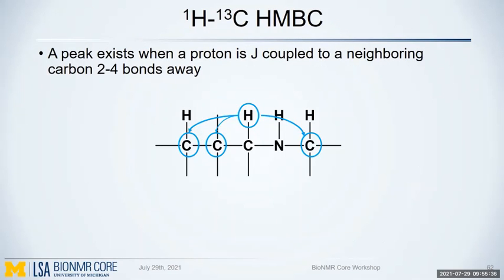Okay, so if you want to detect the long range coupling, you can then run another experiment called HMBC. Instead of one bond direct coupling, this one will show you couplings that are 2 to 3 bonds away. In this case, I will be able to see this proton is coupled to those other 3 carbons in the HMBC spectrum.